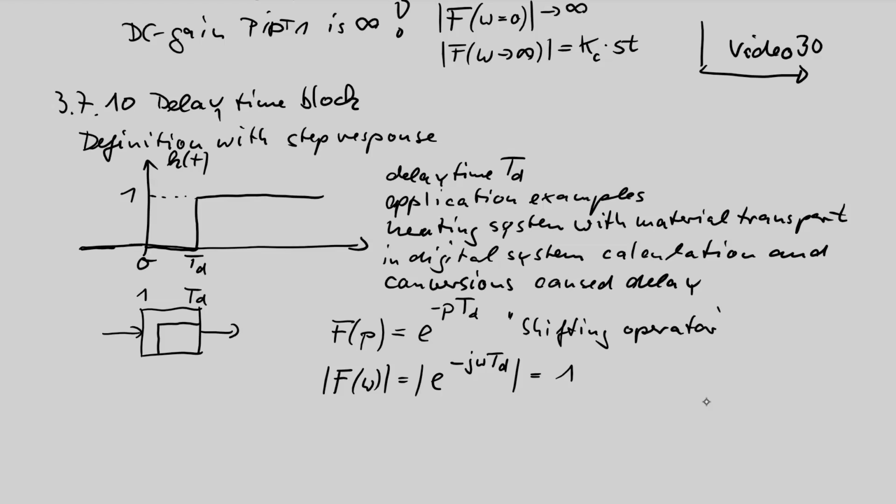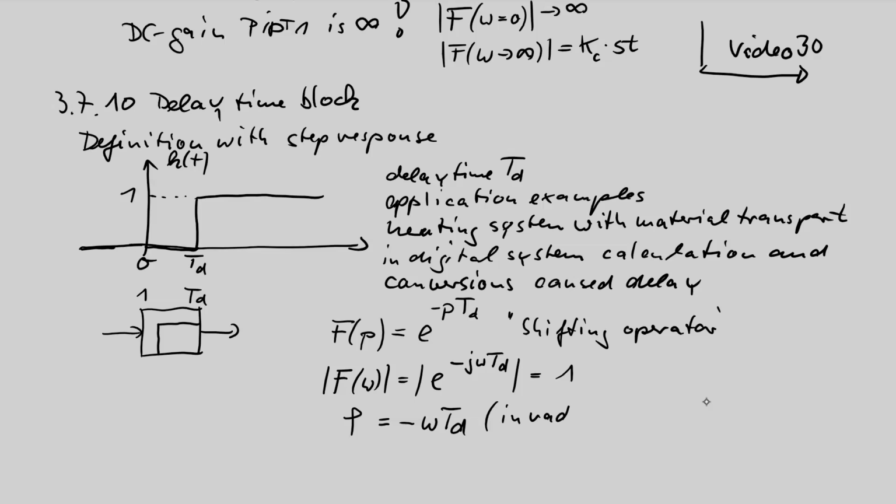So the magnitude is 1. The delay time block doesn't change amplitudes of sinusoidal signals. There is only a phase phi. The phi is nothing else than the part beneath the j in the exponent of e, because this is a phasor in the frequency response curve. So the phase is negative omega Td, always negative.